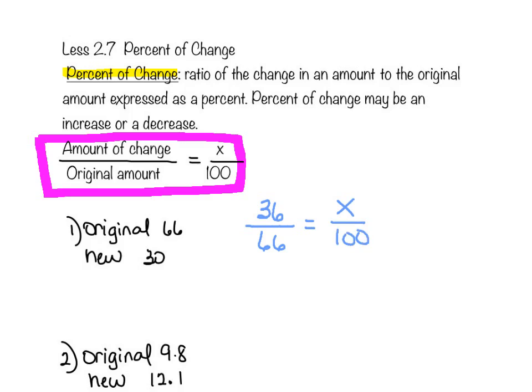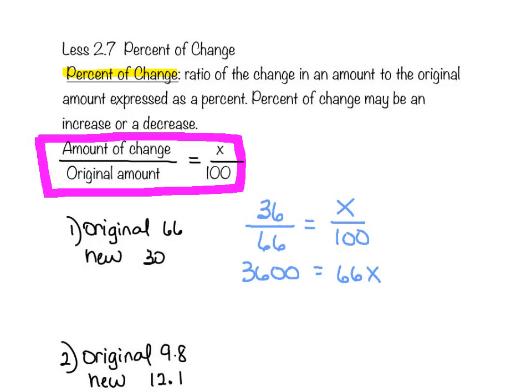Now you have a proportion that we can solve using cross products. So let's go ahead and do that. 36 times 100 is 3600, is equal to 66 times X, which is 66X.